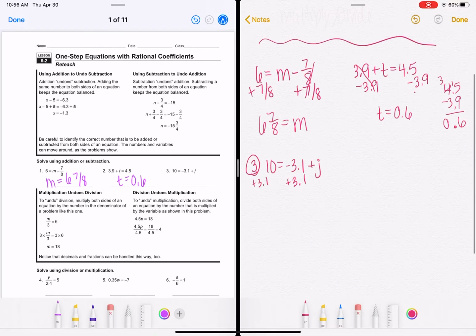You can also think about this written as j minus 3.1 also. So negative 3.1 plus positive 3.1 is 0 because they're opposites. And we have to do 10 plus 3.1, which is 13.1.